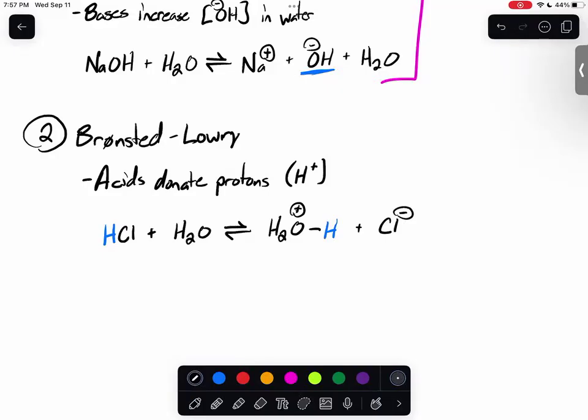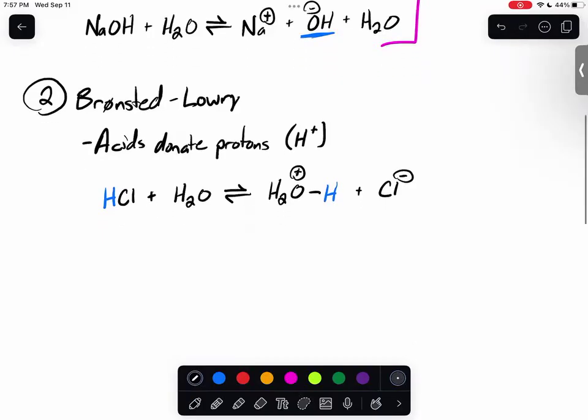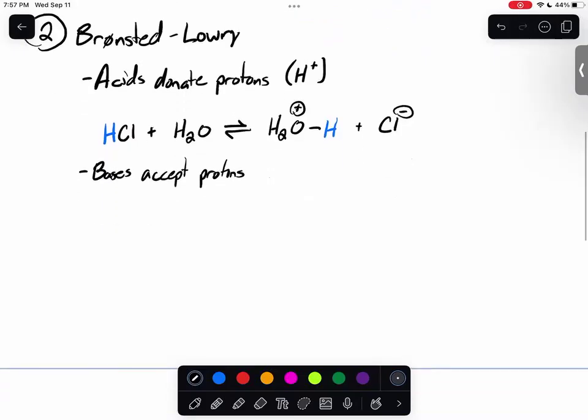For Bronsted-Lowry bases, it's very easy to understand because they accept protons. We can once again look at that very simple thing that we drew up top for our Arrhenius definition, and ask, what if we colored the hydroxide here? So, sodium hydroxide in water.